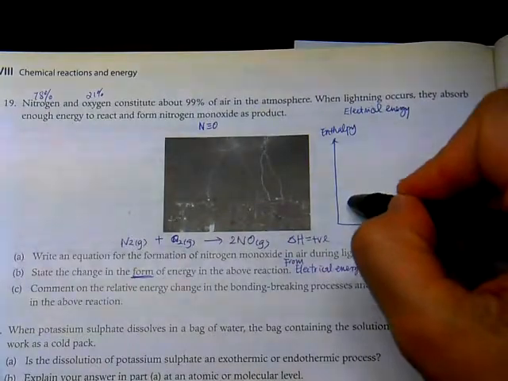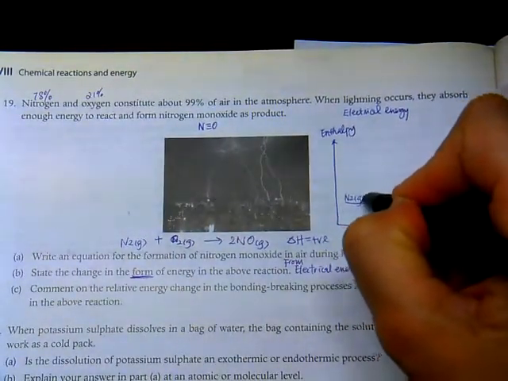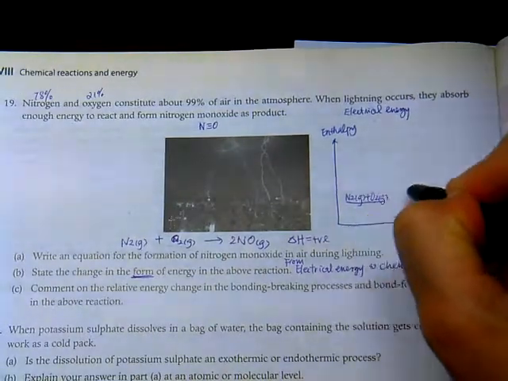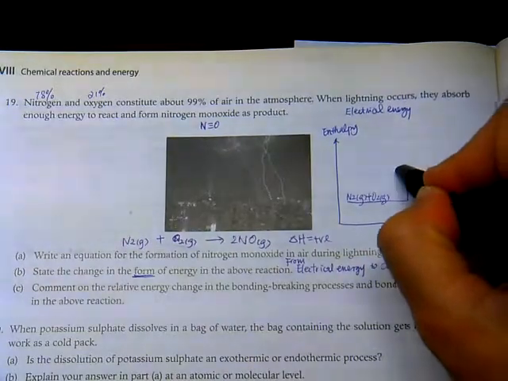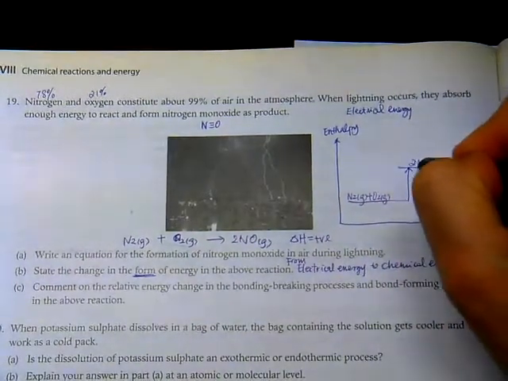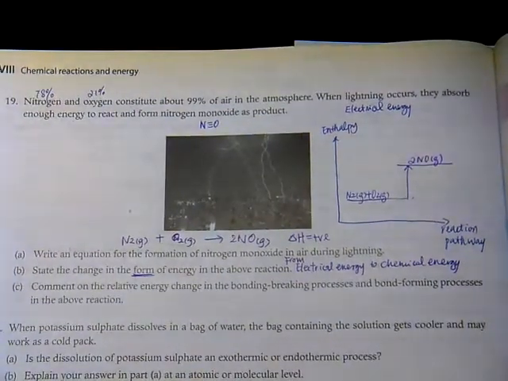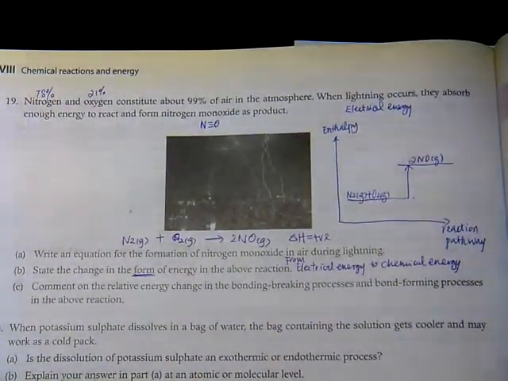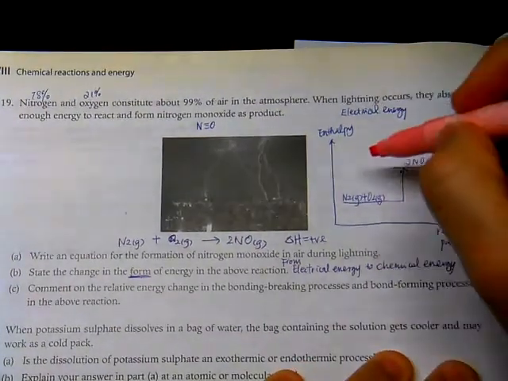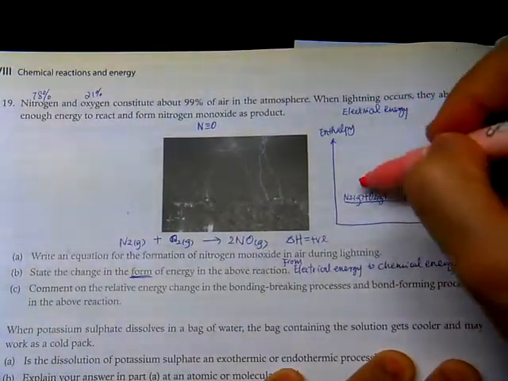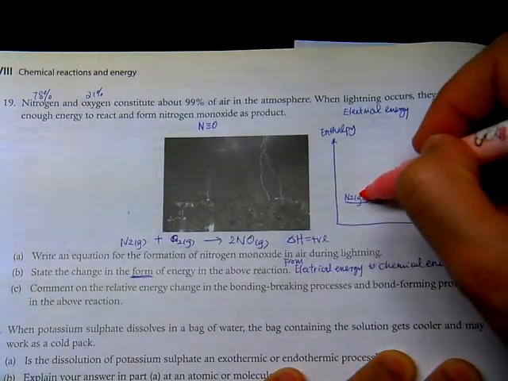Endothermic process. Here are the enthalpy of the reactants N2 and O2. Endothermic, that means pointing upwards. We have the product 2NO. Do you understand? Because in this question we need to consider the bond breaking and bond forming, so let's use the red pen to represent.